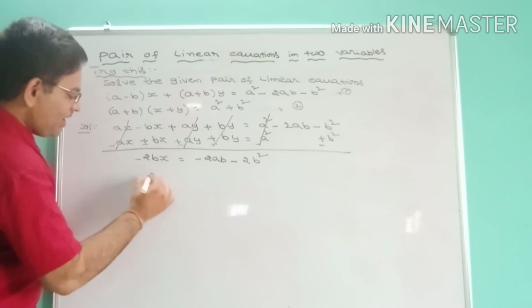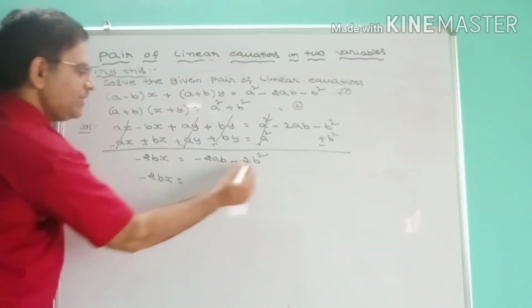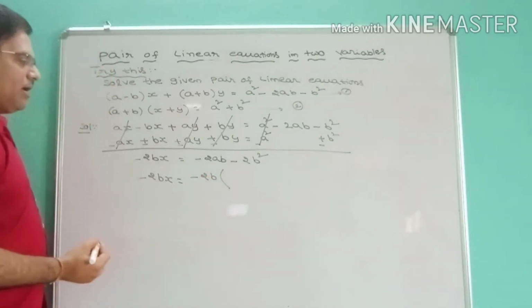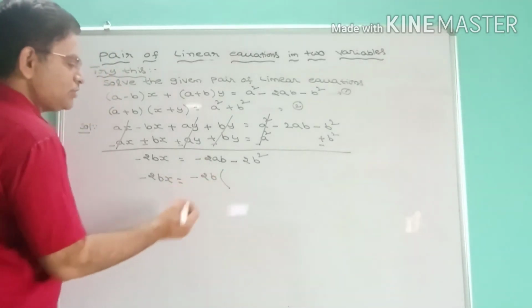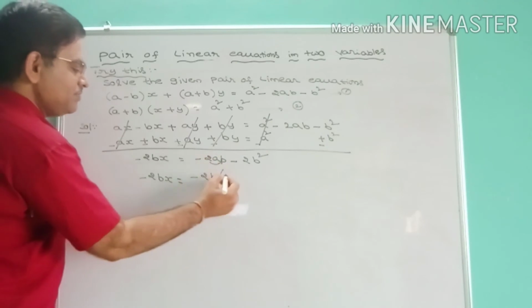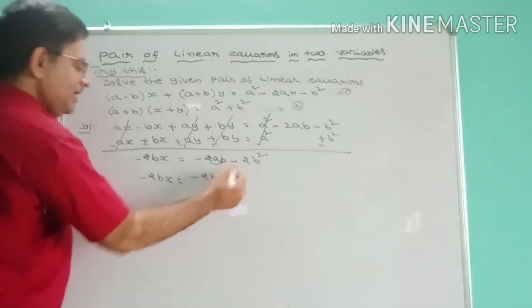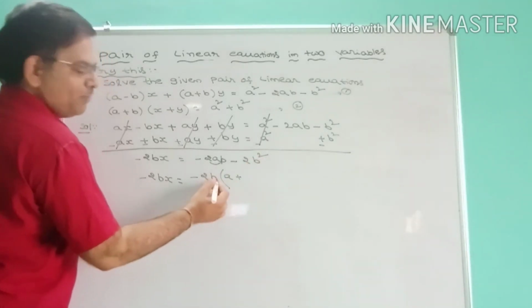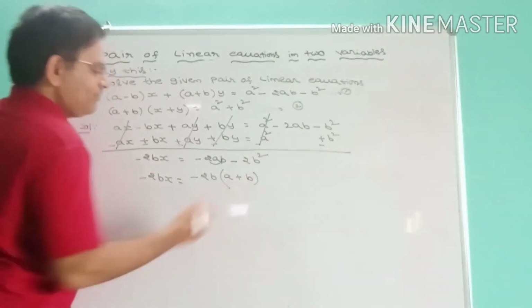Now minus 2bx equal to, taking minus 2b common, the balance will be a plus b, that is minus 2b into (a plus b).